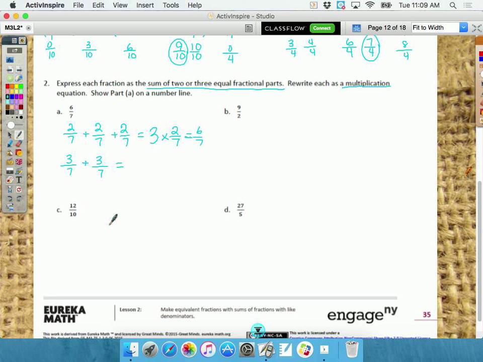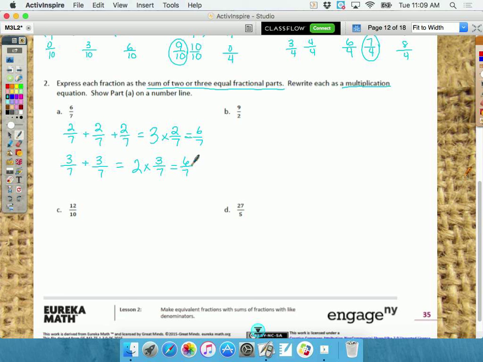How many copies do I have? How many problems do you see, or parts? 2. So it's 2 copies of 3 sevenths equals 6 sevenths. Those are the 2 ways you could do that problem.